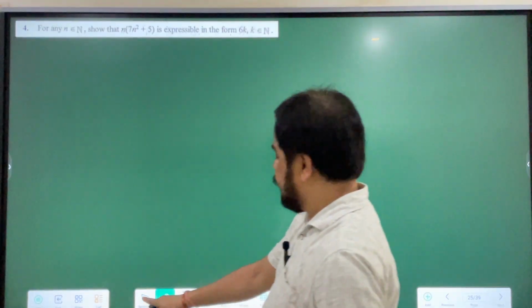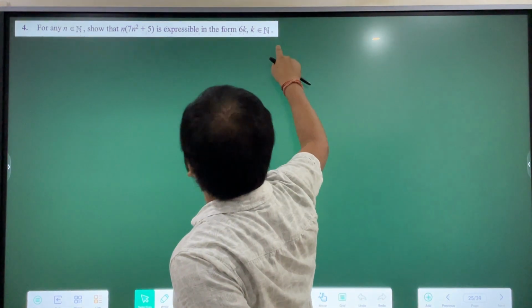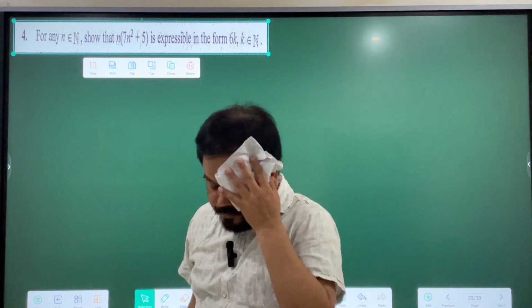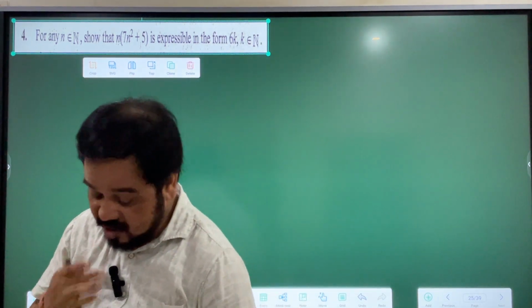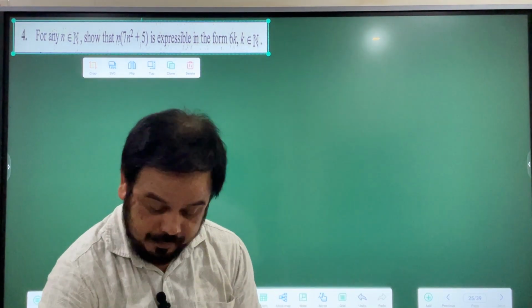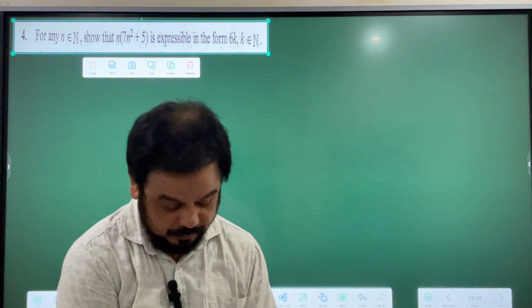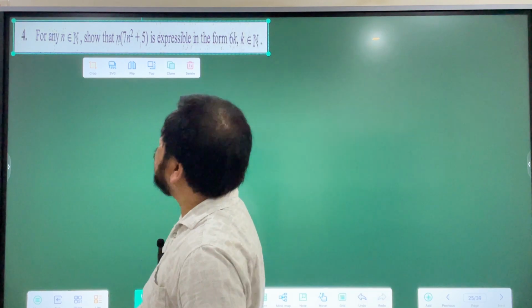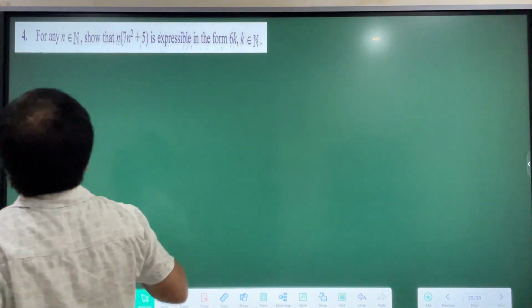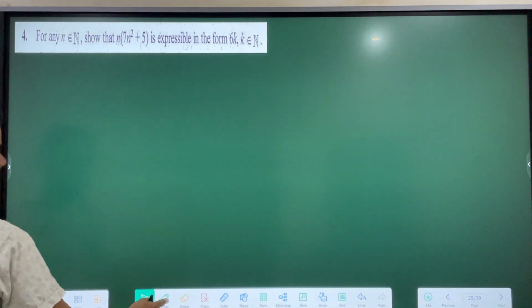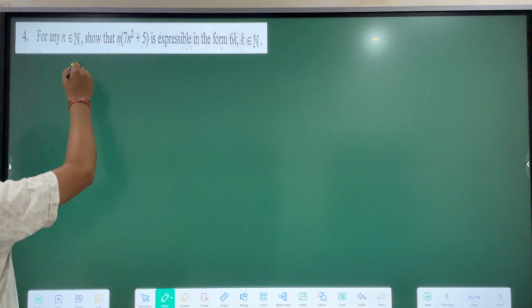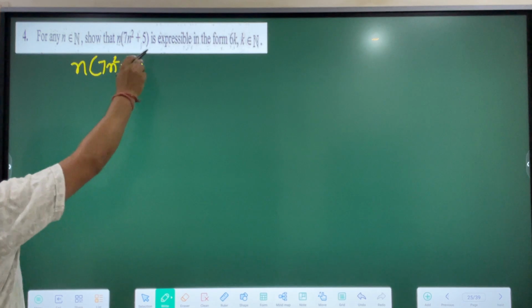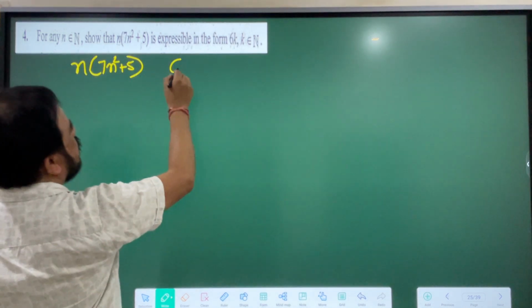Number 4. For any n belongs to N, that means n into 7n square plus 5 is expressible in the form of 6k.